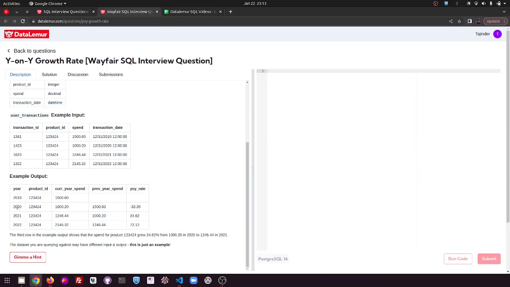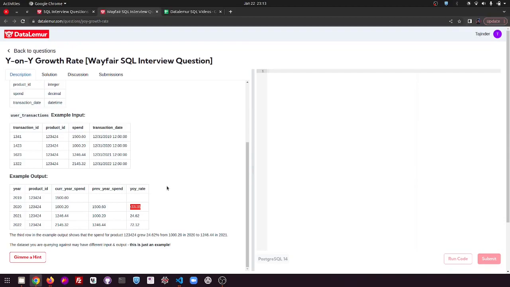Let me see the next row. 2020 for the same product, and the current year spend is 1000, but now we have the previous year spend also, that is 1500 from the last row. And here, as the spend has decreased from 1500 to 1000, the growth rate is negative, so minus 33.35.